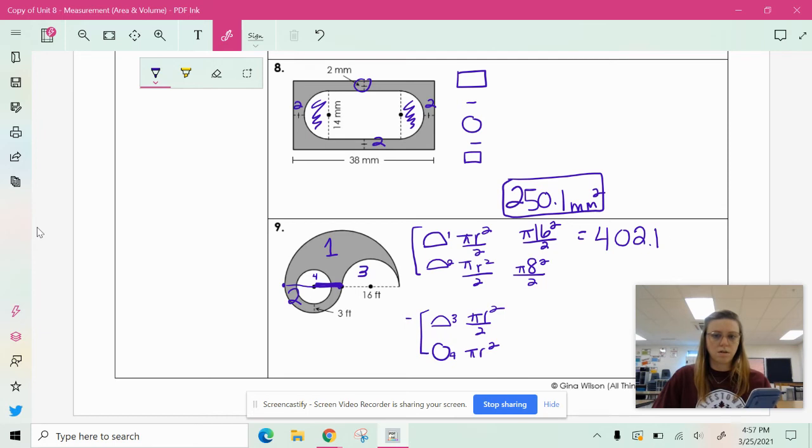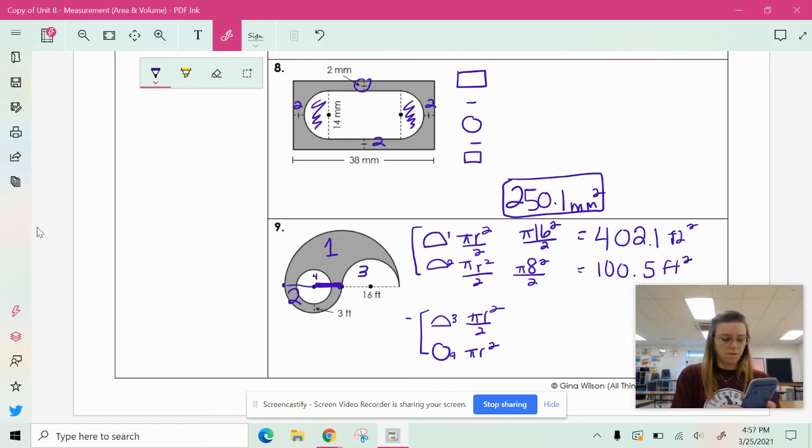That's 402.1. And then pi 8 squared divided by 2 is 100.5.